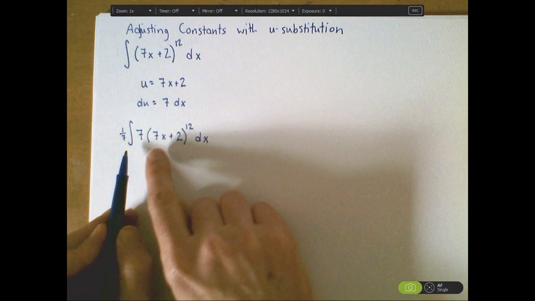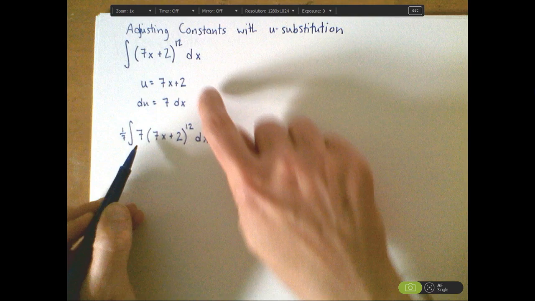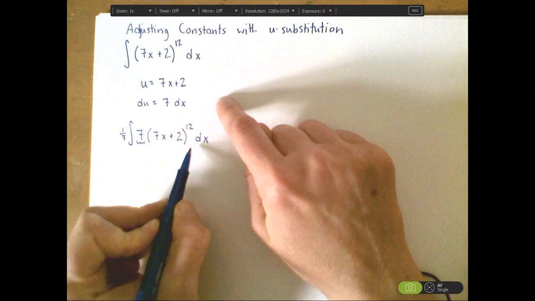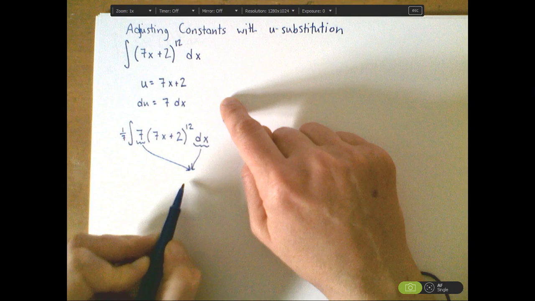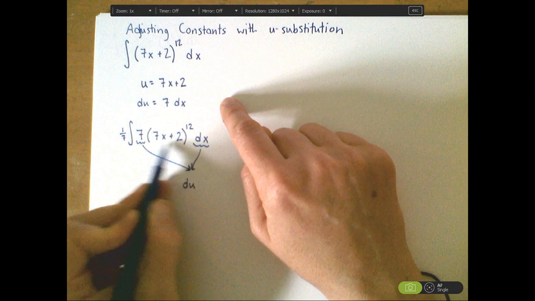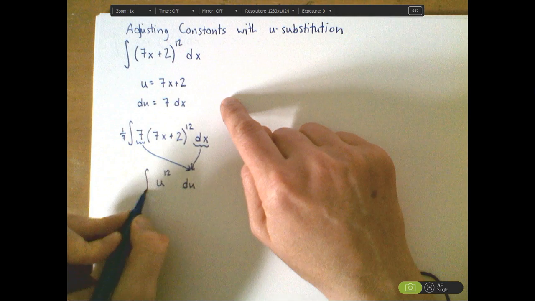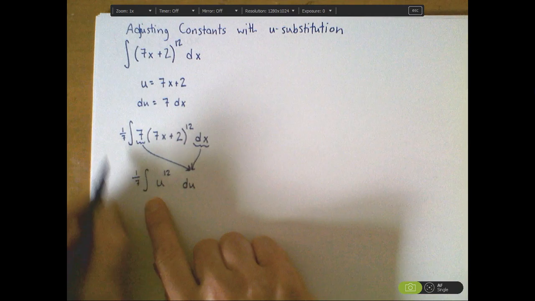So now that I've multiplied by 7 and 1/7, I see that my du is 7 dx. I can take this piece and this piece and combine them together to make the du that I need. And the whole quantity within the parentheses, the inner function, becomes u. And the 1/7 just remains up front, the integral as the same value.